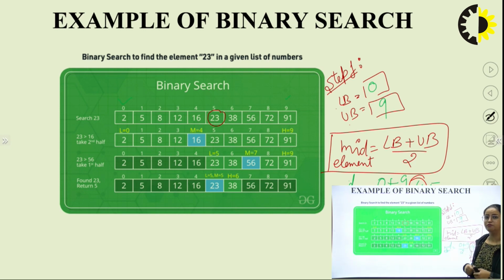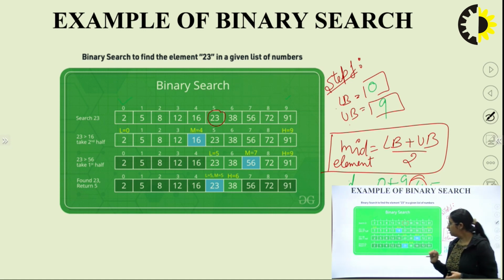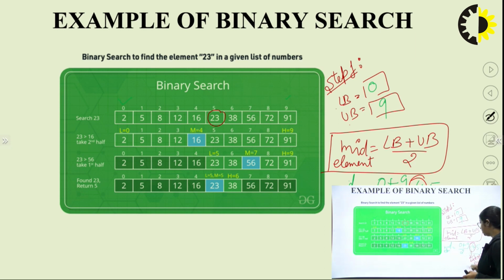Because we are finding the element at the position of mid, and we know that a location or position can never be a floating point or a real number. That's why we are taking the integer part.